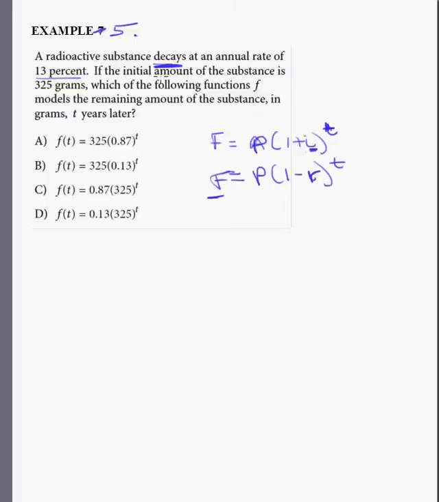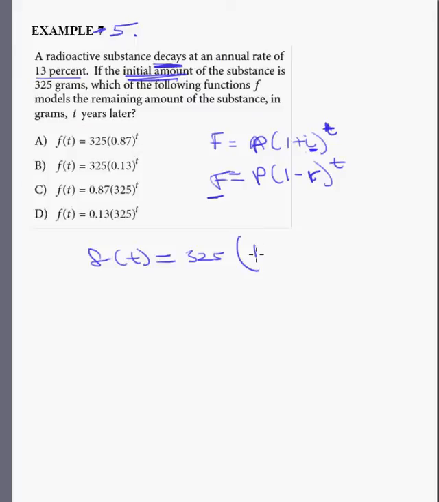So I wanted to write what we expect it to look like so you can use this also as a learning exercise. Our f(t), what we have left, will be equal to the initial amount, which is 325, times decay at 13%.